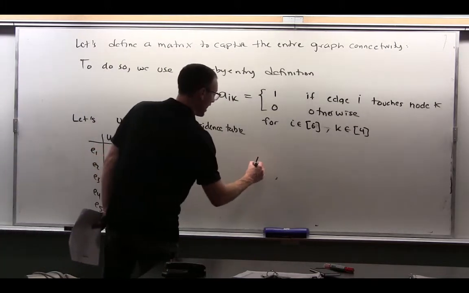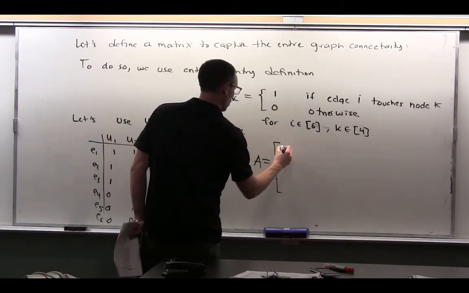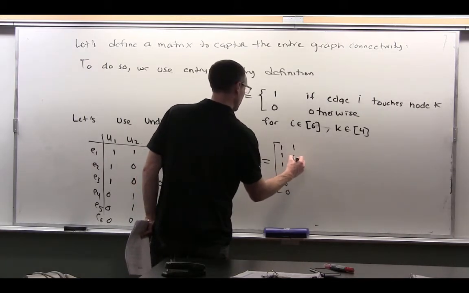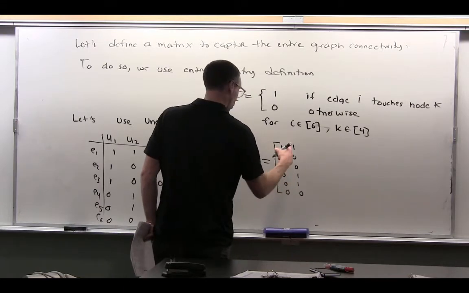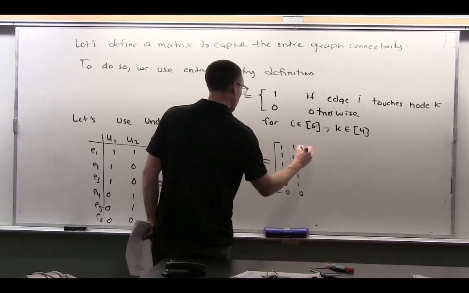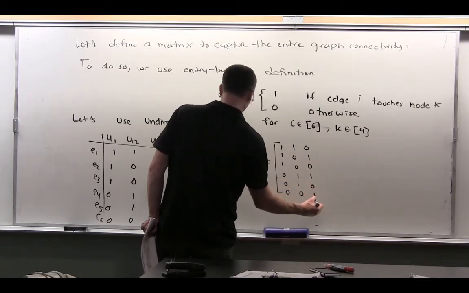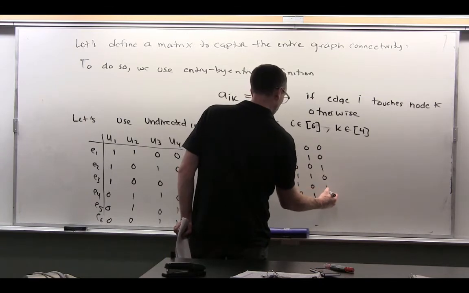Could you guess what A is, the matrix A? 1, 1, 1, 0, 0, 0. What's the next one? 1, 0, 0, 1, 1, 0. Then we got 0, 1, 0, 1, 0, 1. And then 0, 0, 1, 0, 1, 1.